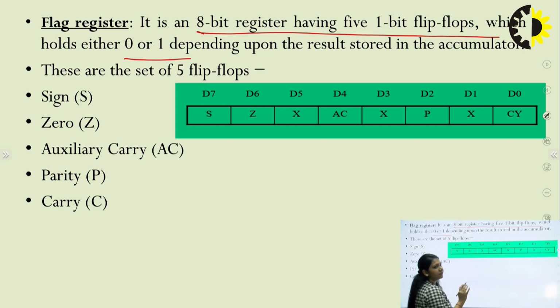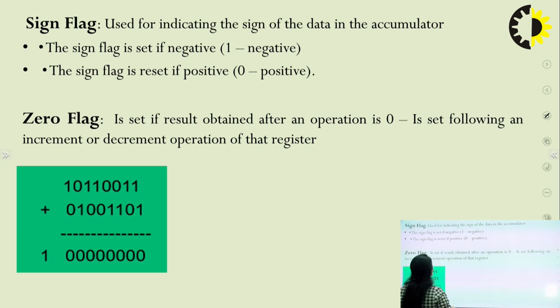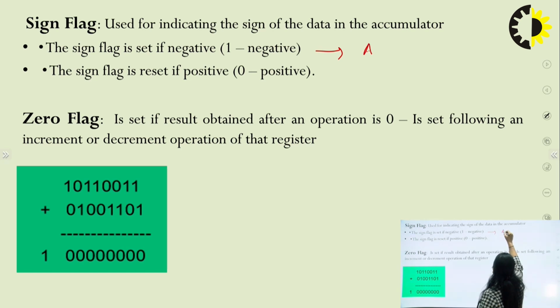These flags will be set or reset according to the result. The sign flag is used to indicate the sign of the data in the accumulator. Suppose we are doing a subtraction, A minus B, and A is 30 and B is 40.